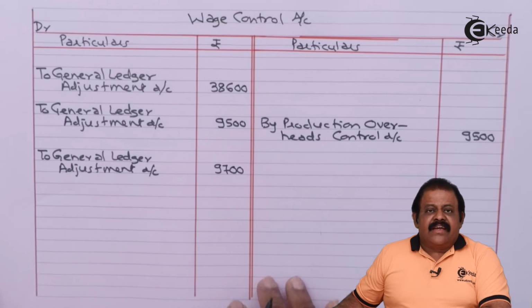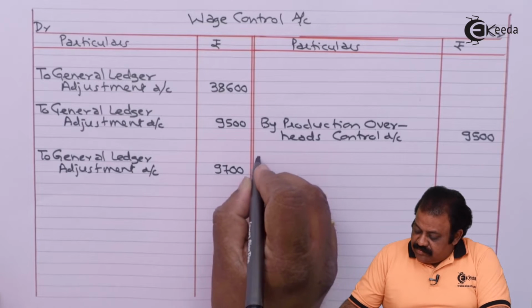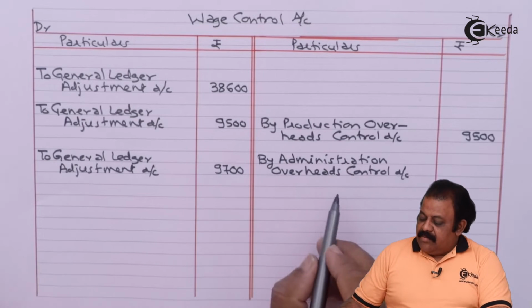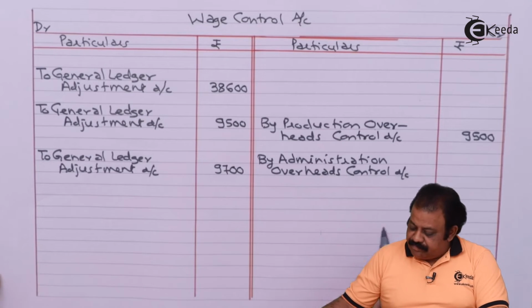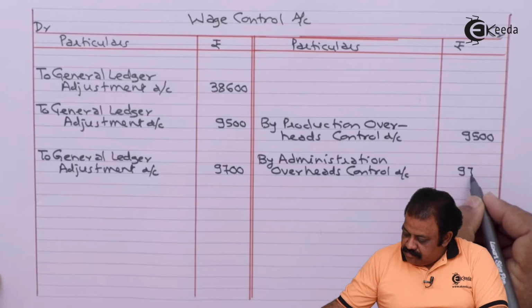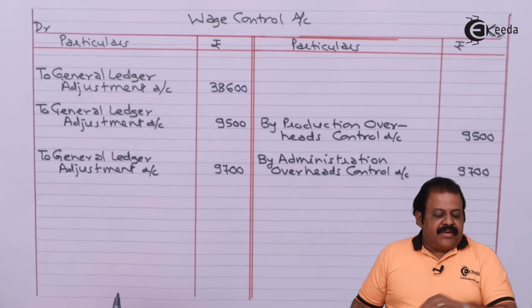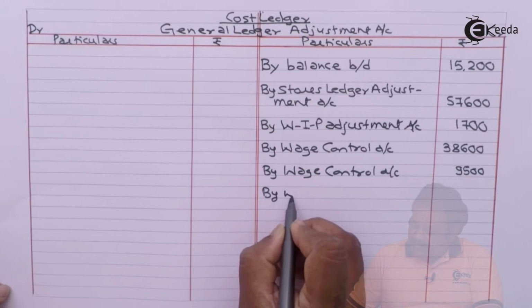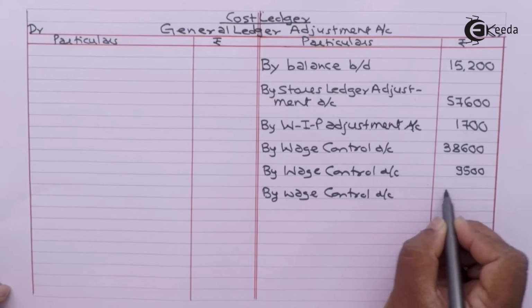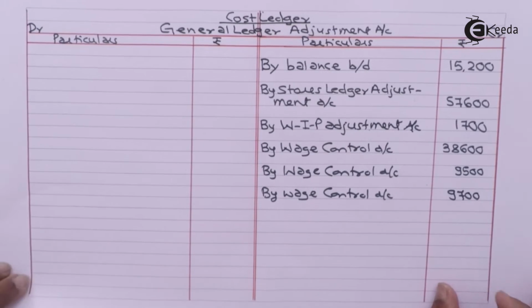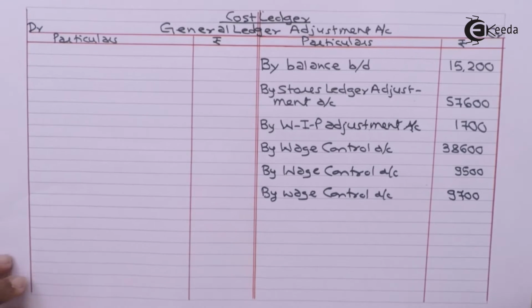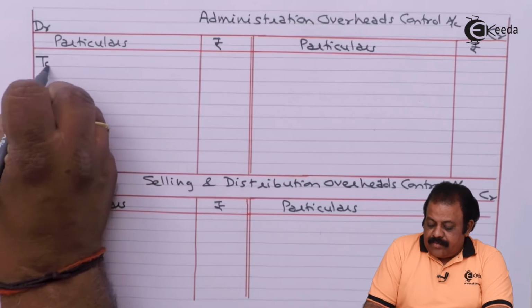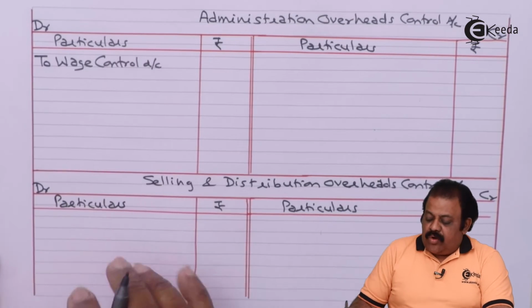It will be put to the credit of wage control by administration overheads control account 9,700. In GLA it will be recorded on credit side by wage control 9,700. In administration overheads control account it will be recorded on debit side to wage control account 9,700.